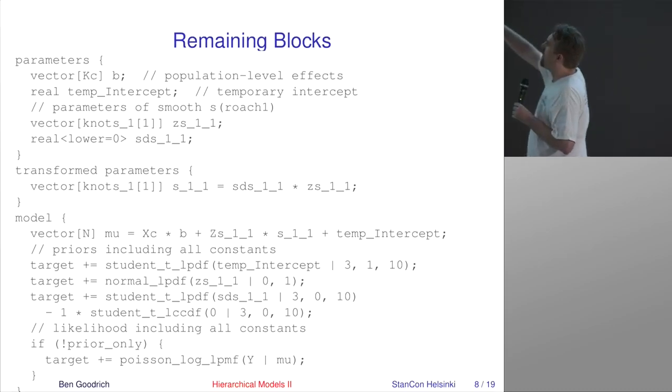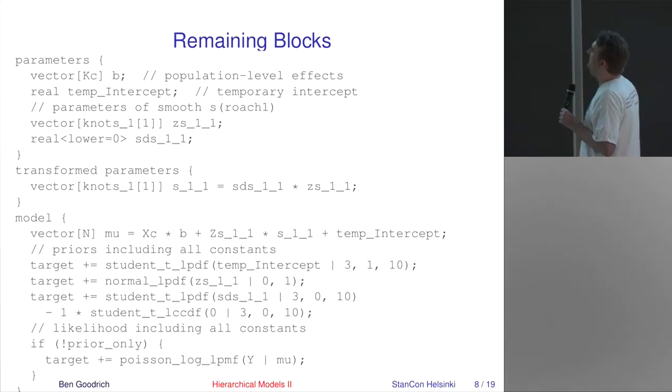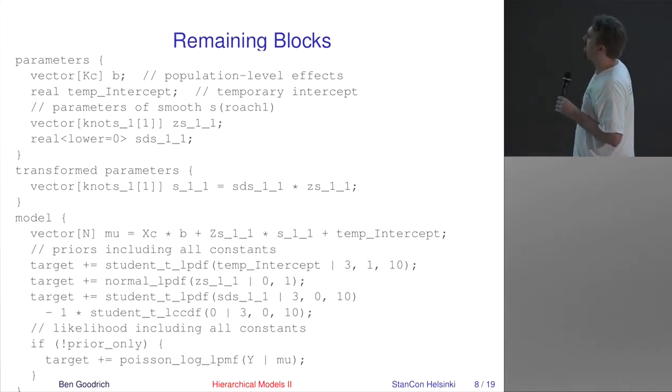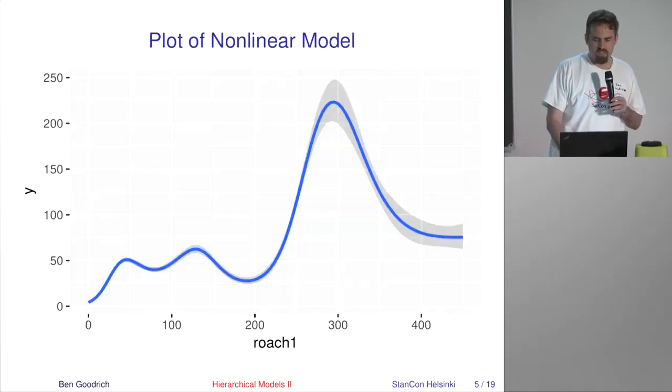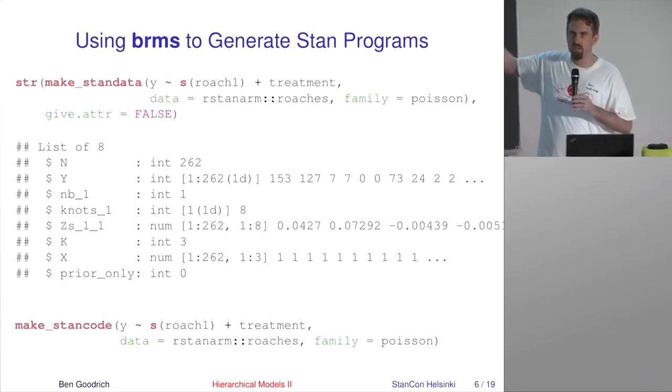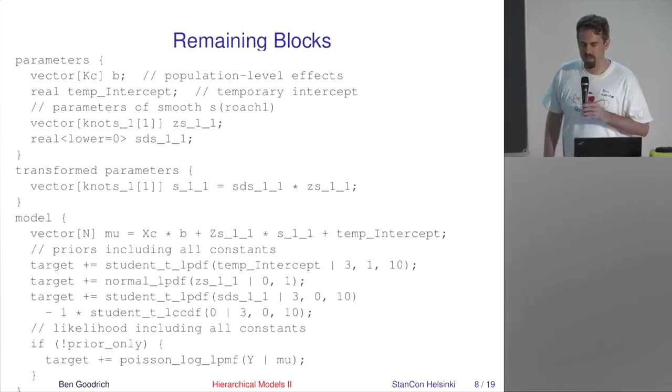All the lines in the middle are the priors, and since I did not specify anything about the priors in this example, these are the defaults that are used for a model like this.